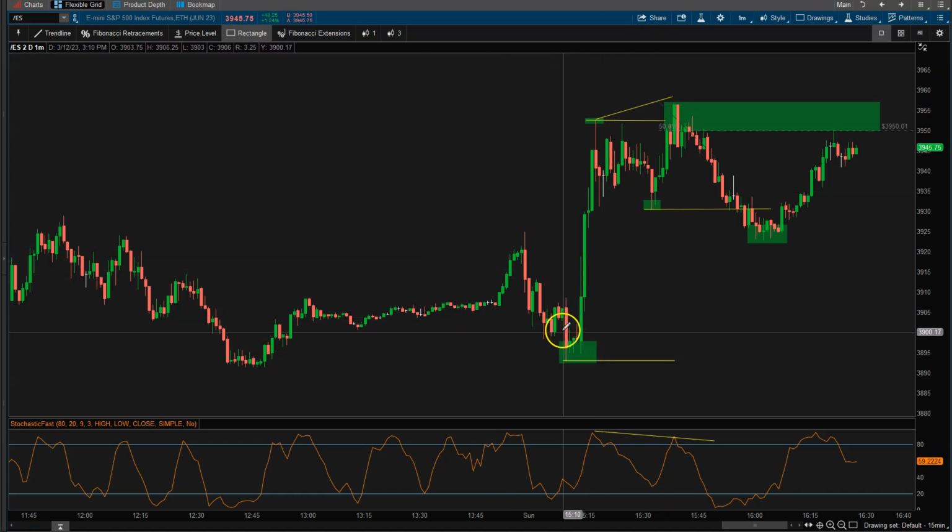So price opened Sunday evening, sold off, rallied, made a high, pulled back, and made a higher high. With this higher high, we can see there's divergence right here. Price is making higher highs, while the stochastic, on the 1 minute chart, is making a lower high.